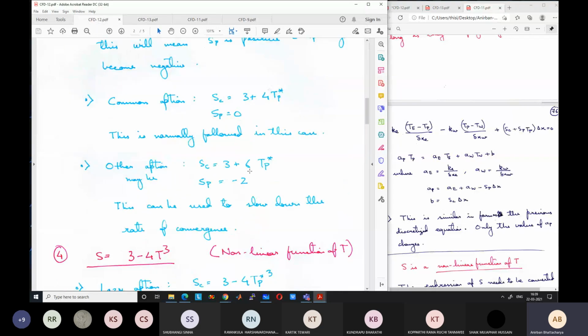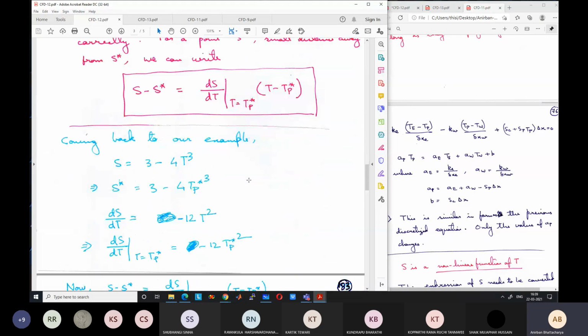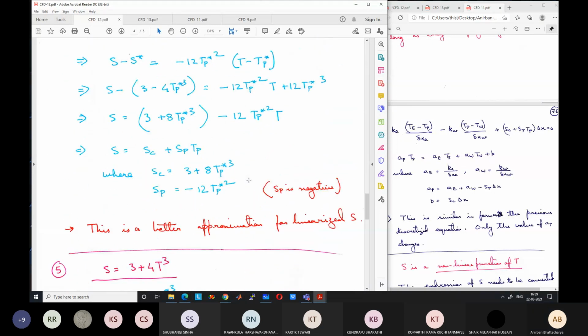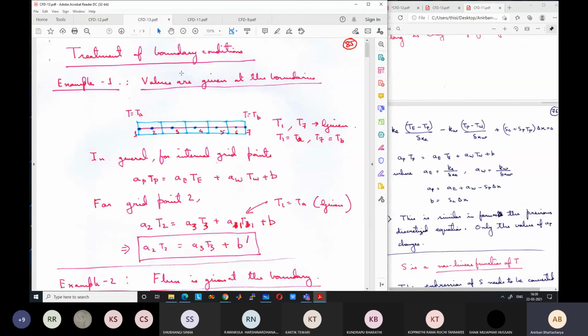So for example, for this problem, this B will contain 3 plus 8 TP star cube into delta X, where TP star cube is the previous iteration value of TP, and this SP delta X will contain minus 12 TP star square into delta X. Again, this is the previous iteration value. This is known. So AP and B will be known in this case also. Anyway, this is valid for the internal grid points.